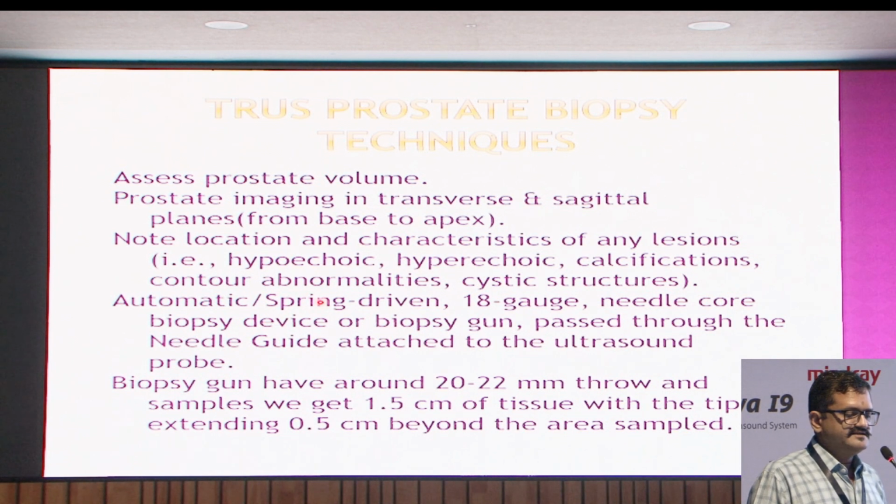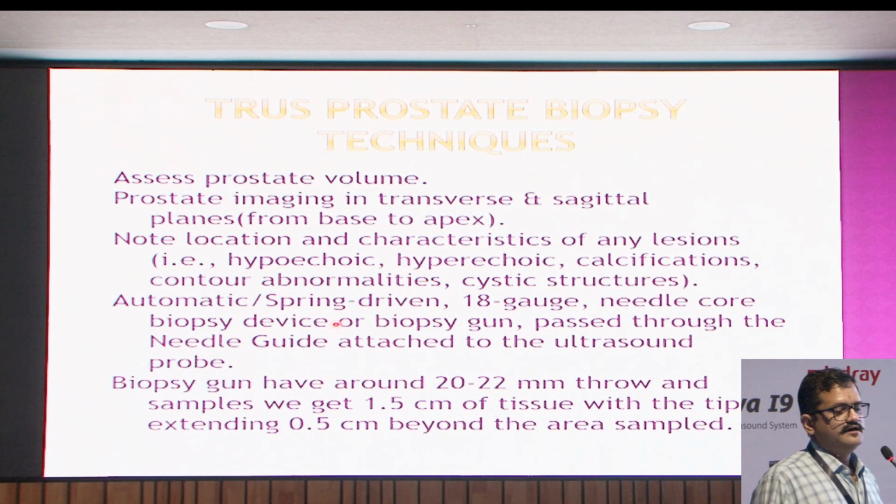Then we use an 18 gauge automatic or spring driven core biopsy gun, which passes through the needle guide attached to the ultrasound probe. The biopsy gun has a throw of about 20 to 22 mm, and in that we get a sample of 1.5 centimeter of tissue, and the tip extends 0.5 centimeter beyond the area which is sampled.